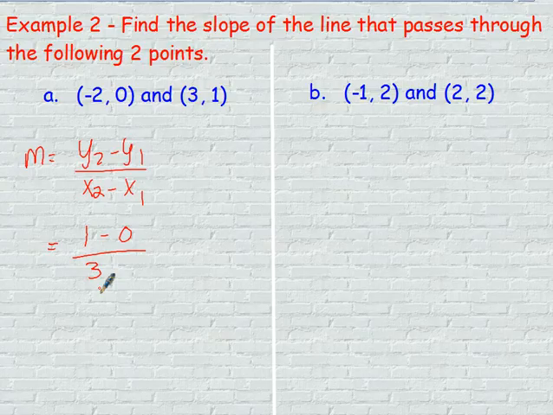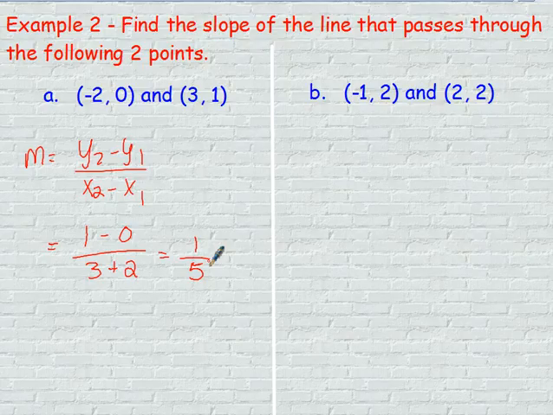What happens when you minus a negative? It becomes plus 2. So what's 1 minus 0? 1. And what's 3 plus 2? 5. Is that an acceptable slope? Yeah. According to this, what will I do? Go up 1 to the right 5. Simple as that.